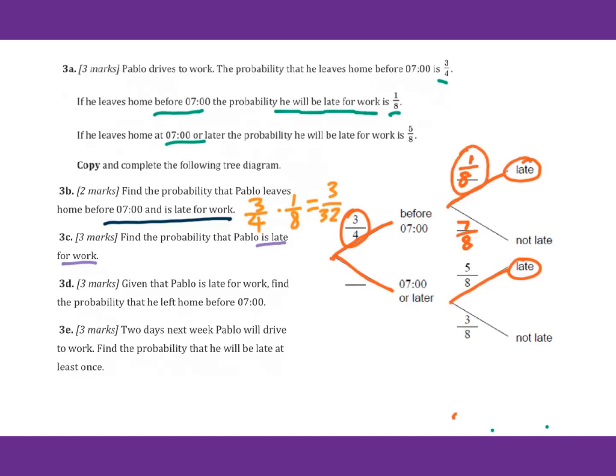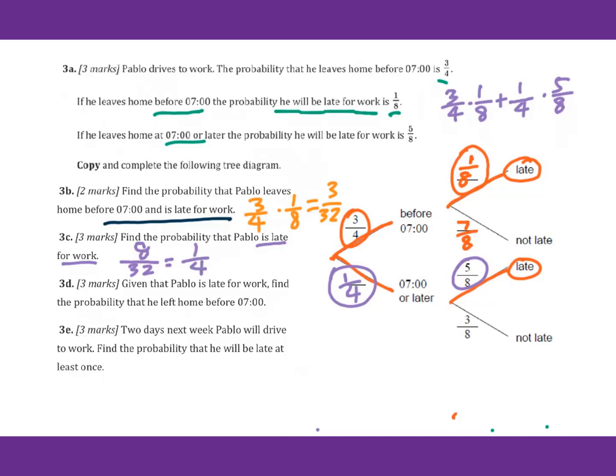These two multiply plus, this is 1/4, these two multiply, then you add. So we have 3/4 times 1/8 plus 1/4 times 5/8. You will get 8/32, which means 1/4.